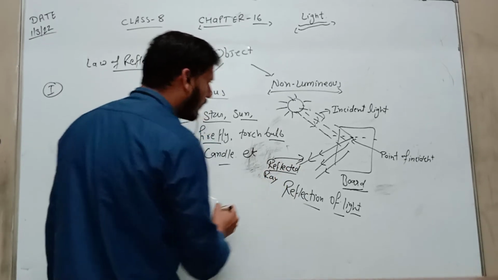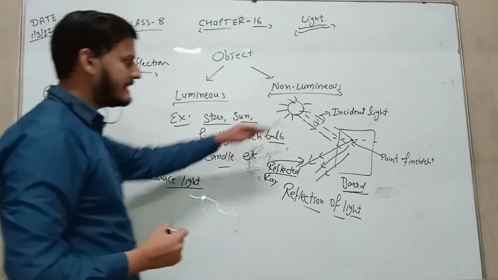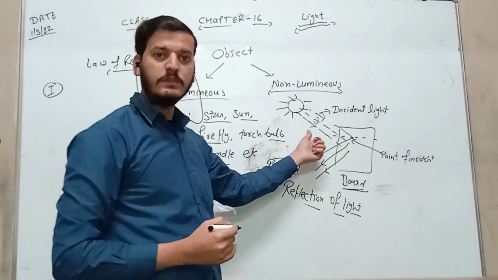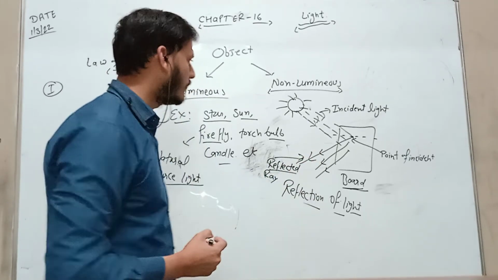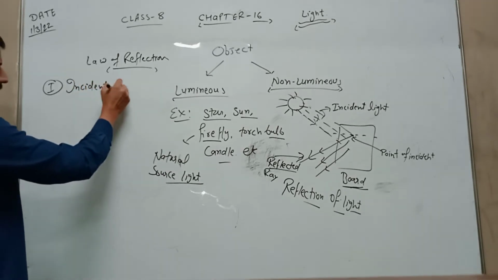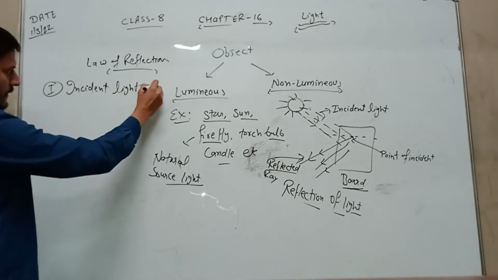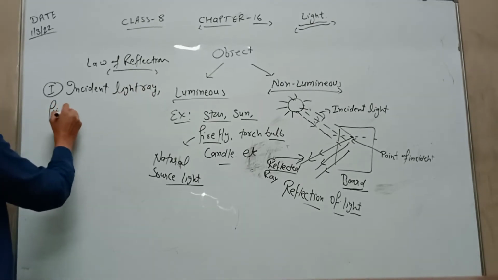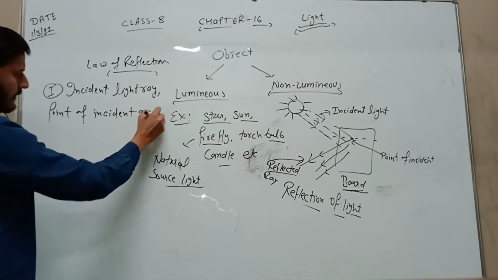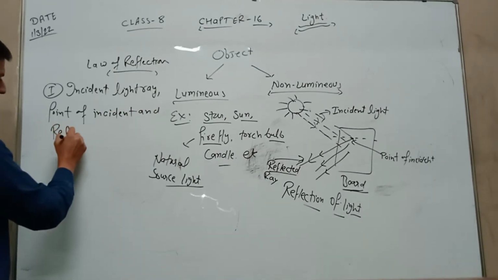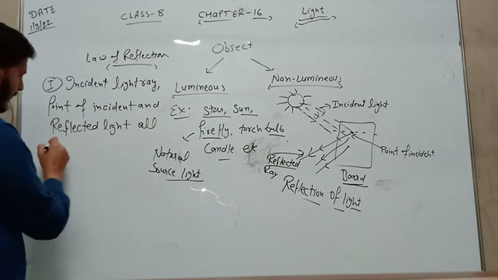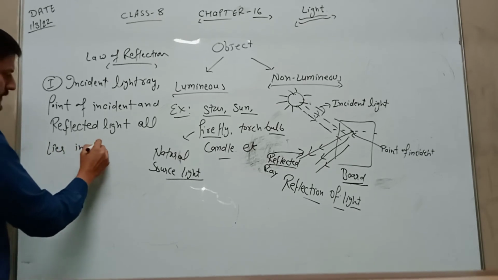According to the first law, the incident light ray, the point of incidence, and the reflected light ray all lie in the same plane. So we have to write the first law: the incident light ray, point of incidence, and reflected light ray all lie in the same plane.